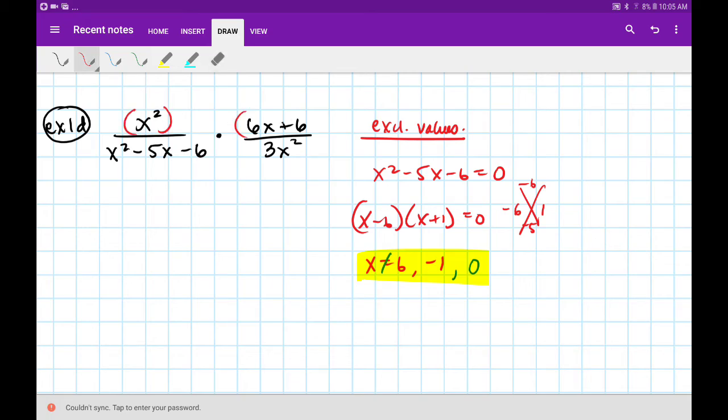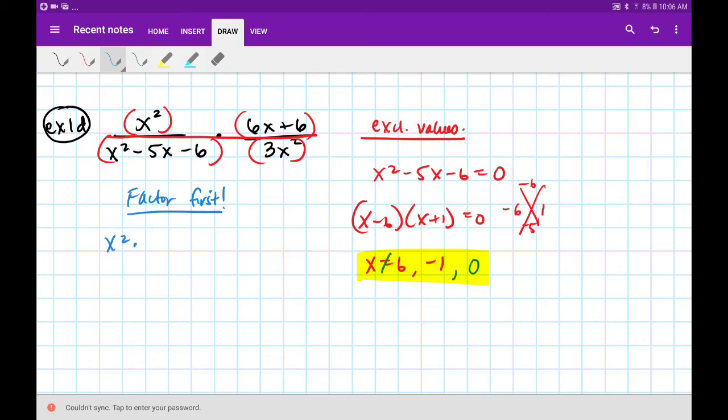So I have x squared times 6x plus 6 all over this times this. Okay, just by looking at it, you can see that the x squared is going to cancel with this x squared. But before we cancel things, we like to always be consistent. So we're going to factor first.